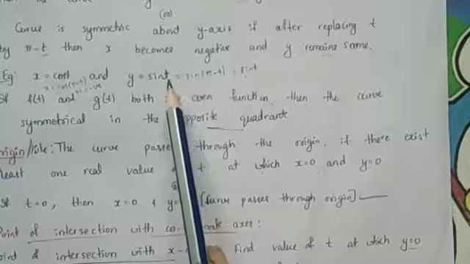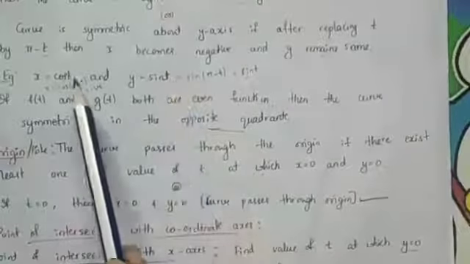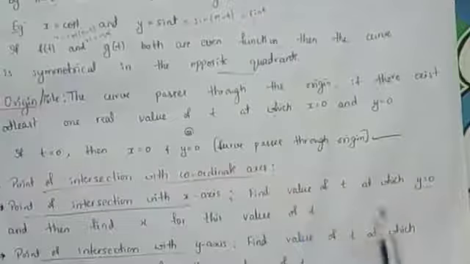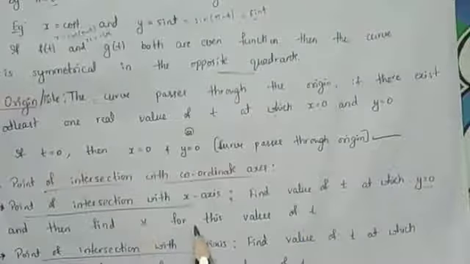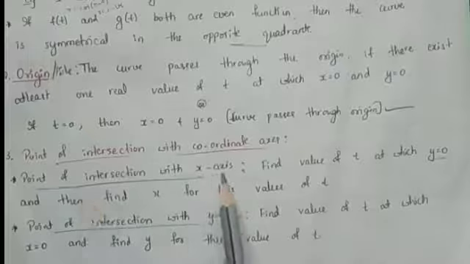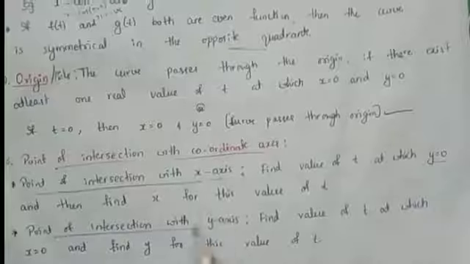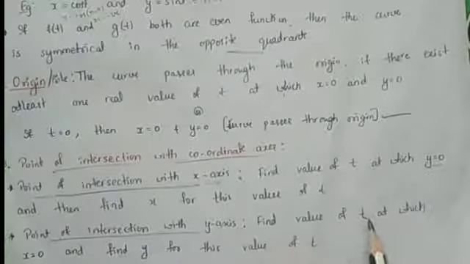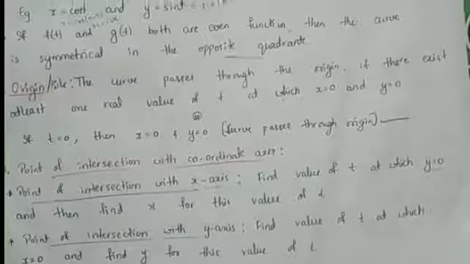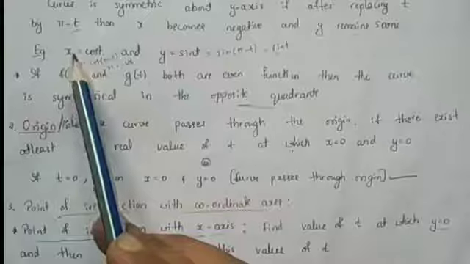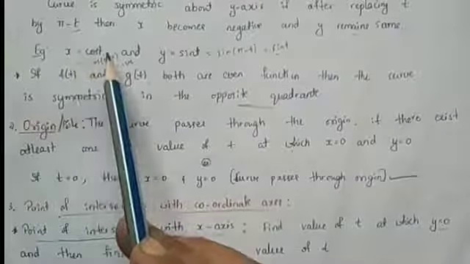After getting the t value, substitute it into x, and you get the x value. Then find the x value for this value of t, and you get the point of intersection with the x-axis. Next, the point of intersection with the y-axis. Find the value of t at which x is equal to 0. You put x is equal to 0 and you get the t value.